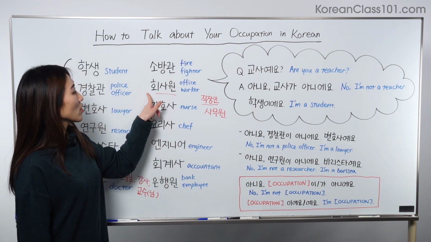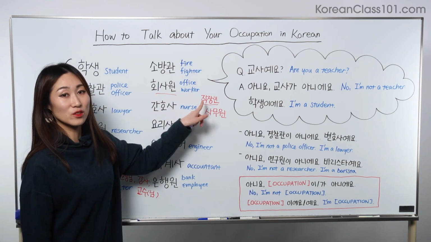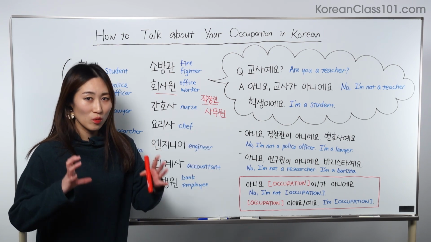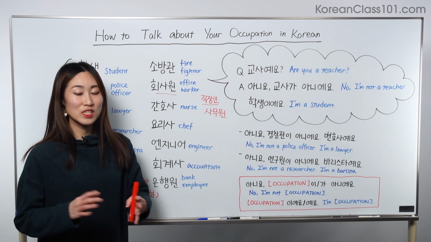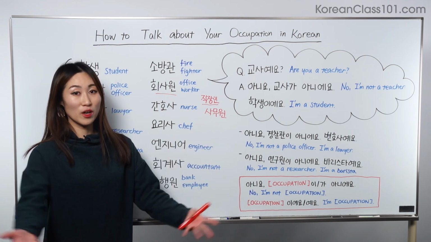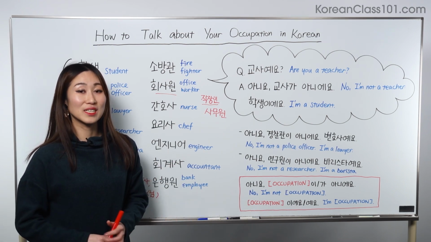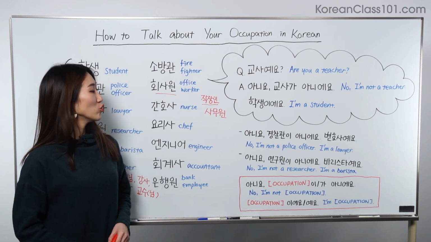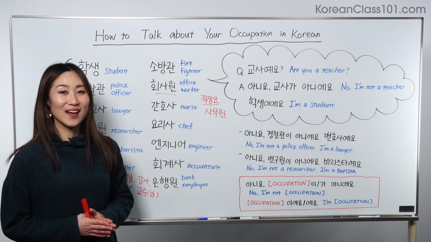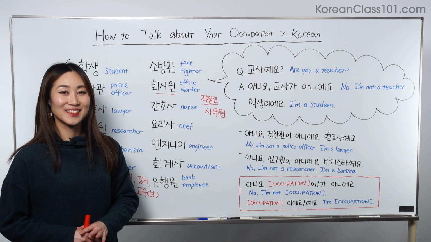So they can be both 회사원 or 직장인, which is company employee. But 사무원 is named for the occupation. This person deals with all the documents and lots of other document-related work. 사무원.